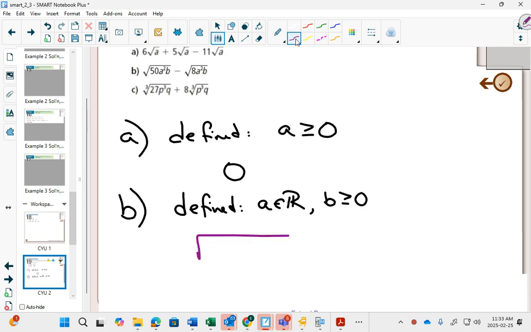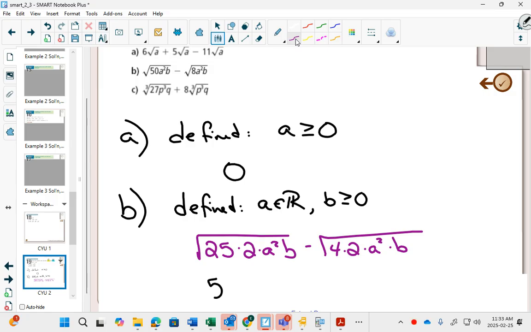I'm going to take the extra step and write 25 times 2 times A squared times B minus, and the 8 I'm going to break up into 4 times 2 times A squared times B. But if you can see that it's 25 times 2, you can say, I know the square root of 25 is 5. I know the square root of A squared is absolute value of A.